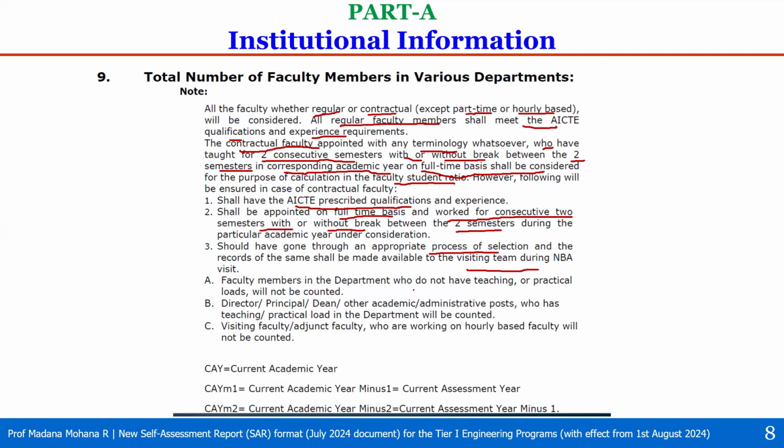Faculty members in the department who do not have teaching or practical loads will not be considered.